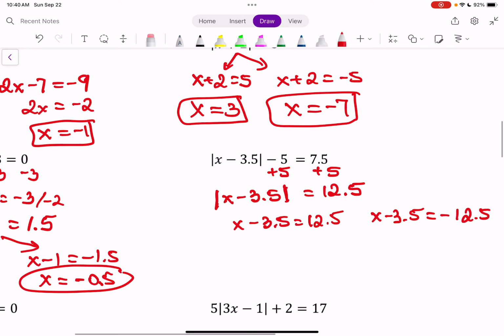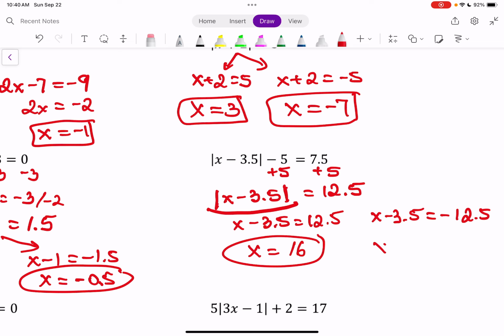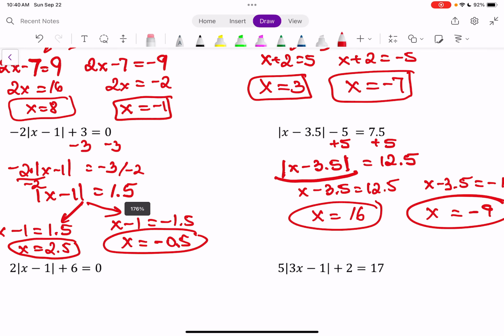So you get the absolute value by itself, and then the quantity inside the absolute value is the plus or the minus number on the other side. And here are your two answers. And that's how it goes every time.